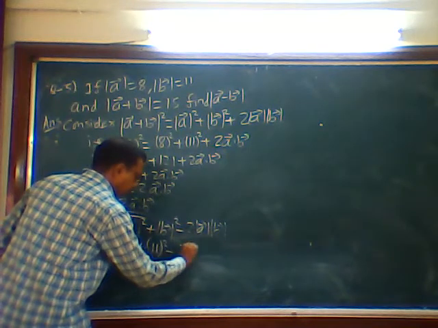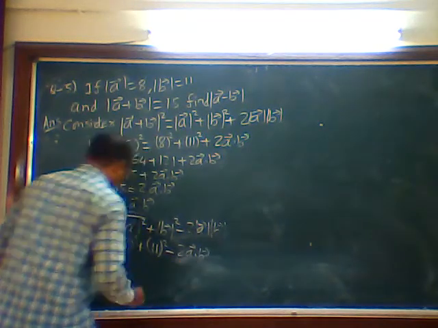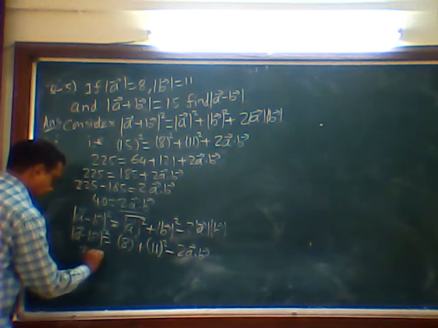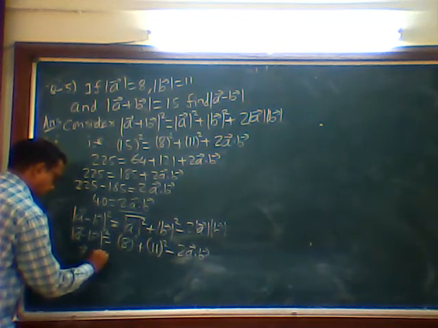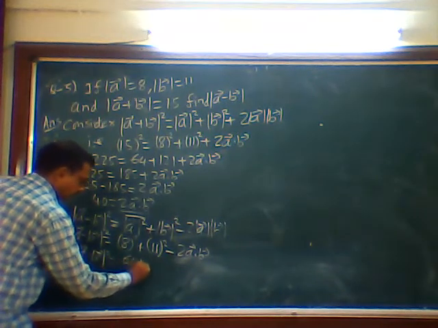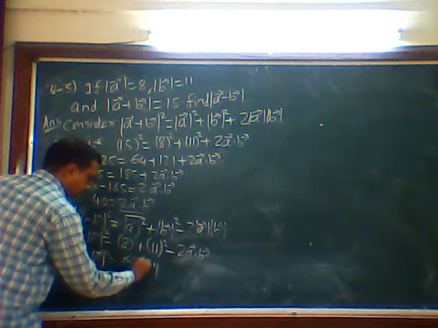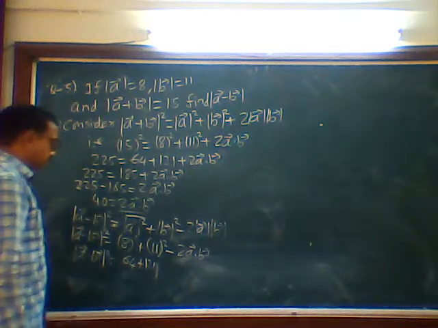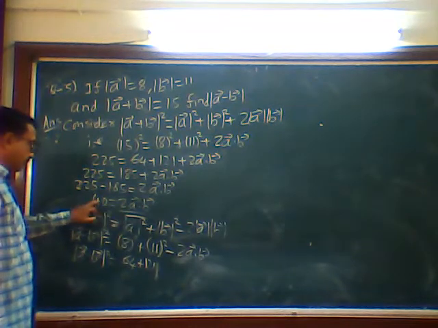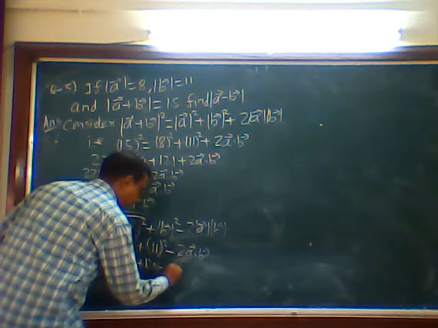Minus 2 a bar dot b bar. Plus 121. Okay, minus now 2 a bar dot b bar we got 40. I'll put here minus 40.